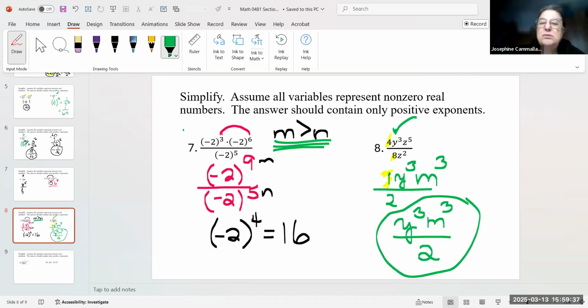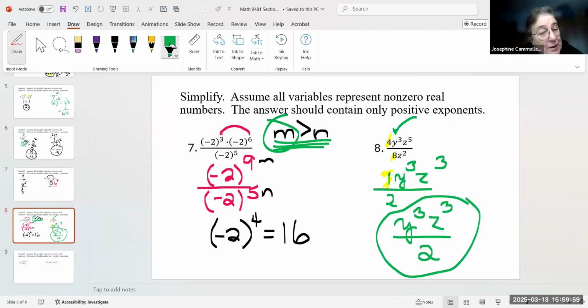Oh, why did I write m? Should be z. I can't spell, or I can't read, one of the two. Ha ha. Because I was thinking of the m being bigger. Well, that is my lovely answer.